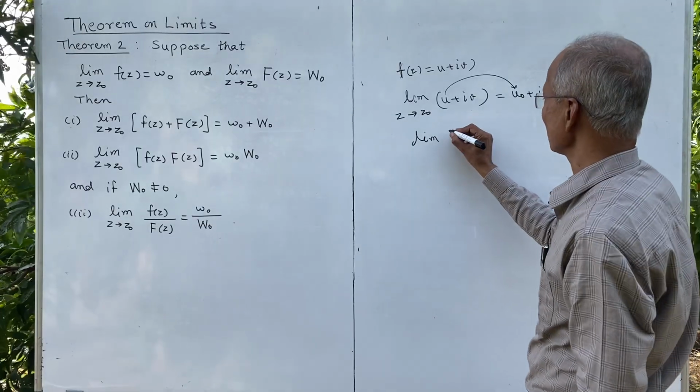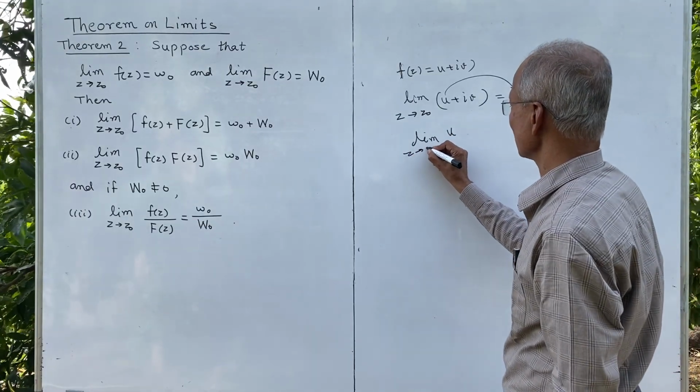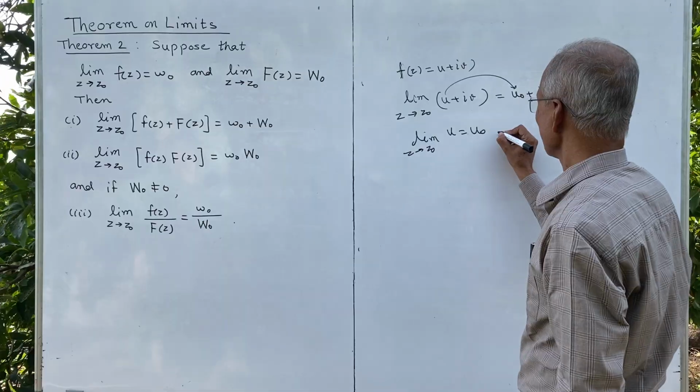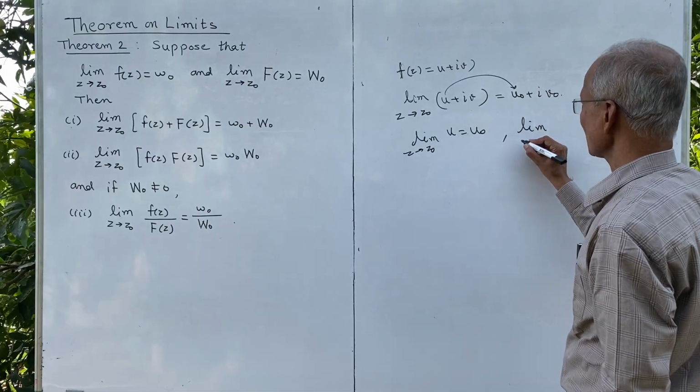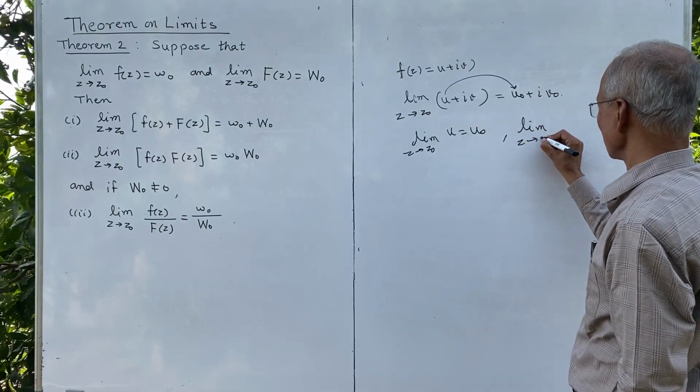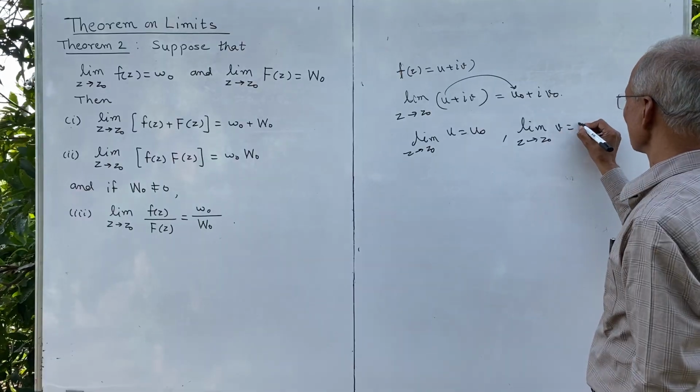That is, limit of u as z tends to z naught is equal to u naught, and limit of v as z tends to z naught is equal to v naught.